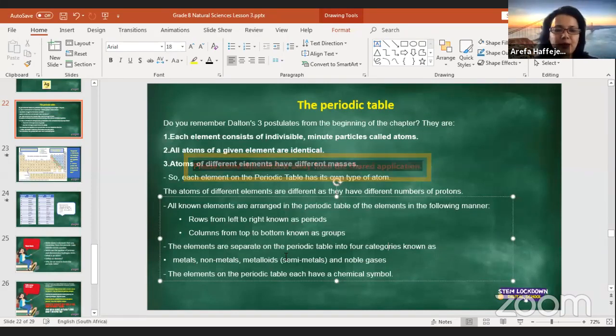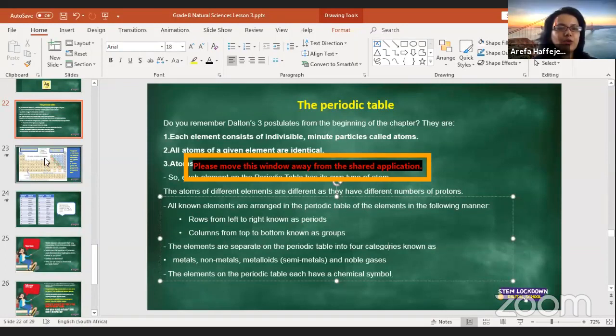The elements are separated in the periodic table into four categories. These four categories are known as metals, non-metals, semi-metals, and noble gases. Semi-metals are called metalloids. And the elements of the periodic table each have an atomic number.